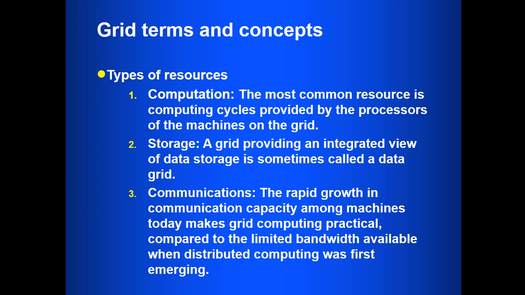Another resource is storage. The second most common resource used in a grid is data storage. A grid providing an integrated view of data storage is sometimes called a data grid.